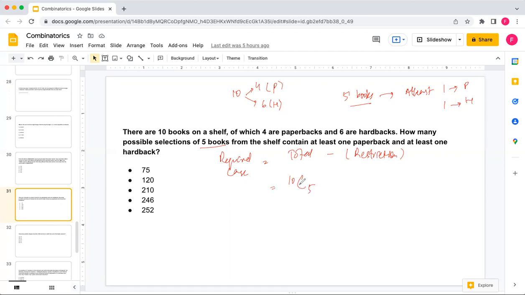The restriction is if I choose all 5 books of the same type, for example all 6 hardbacks, this is a restriction because I can't choose all books of the same type. I have to choose at least 1 book of each type. So if I remove such scenarios from the total, I will get the required case in which there is at least 1 of each type.